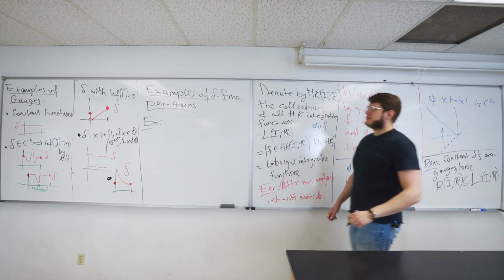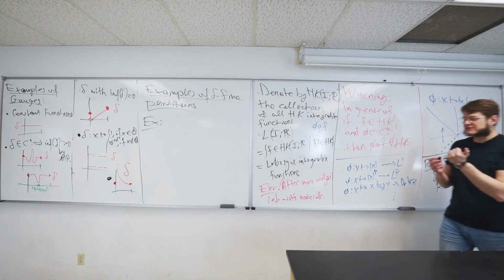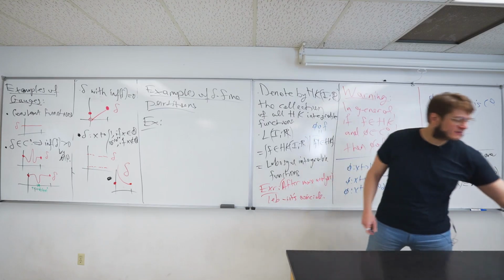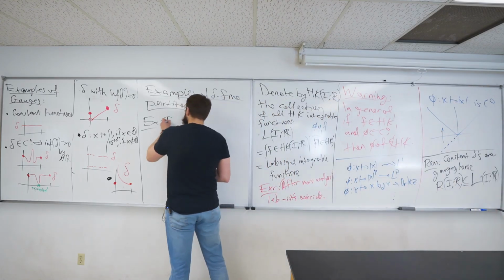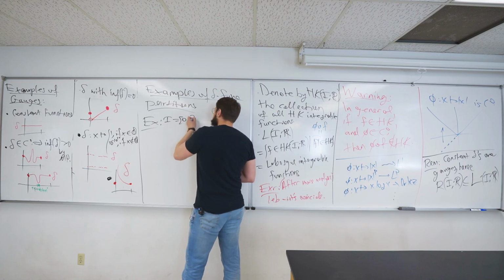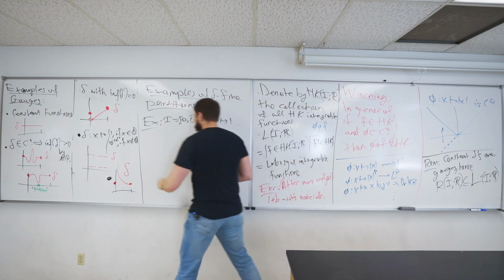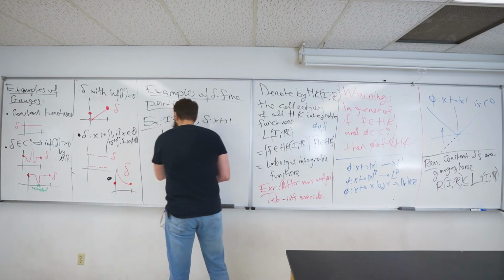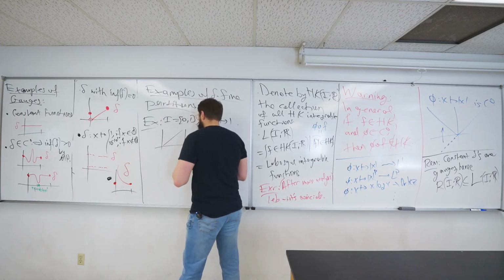Say your delta is constantly 1, and you're looking at the interval 0, 1. So I is 0, 1, and delta is a function that is constantly 1. That's your gauge, like so. That's my delta.